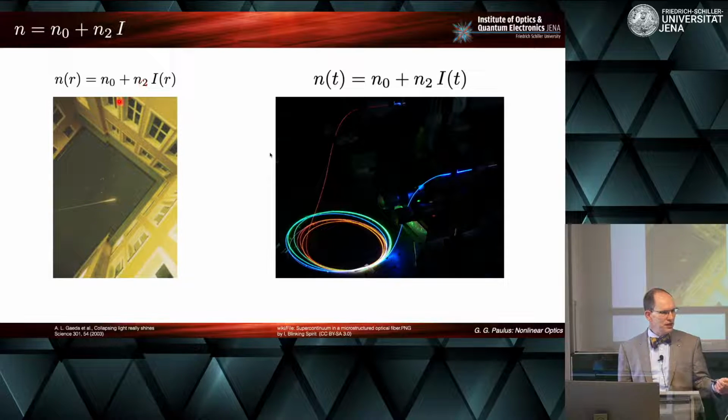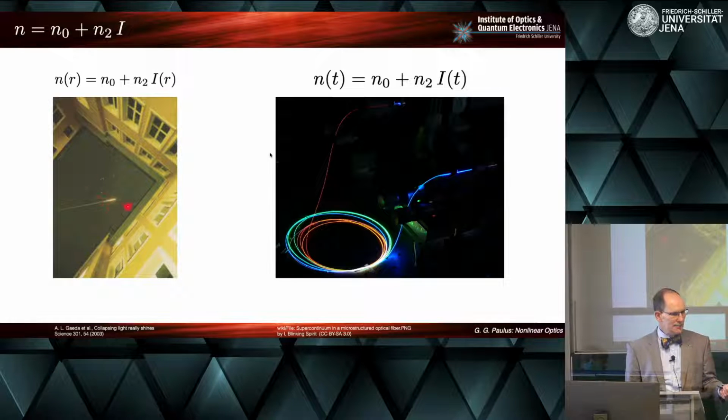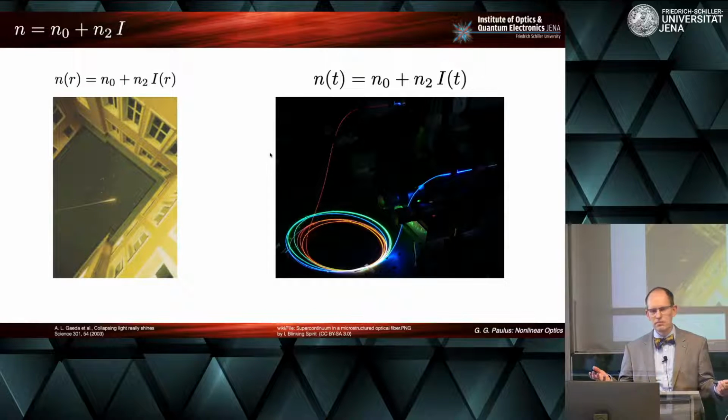What we have here is this formula where the index of refraction is modified. But what we use here is its spatial dependence, because virtually every laser beam has a spatial dependence.